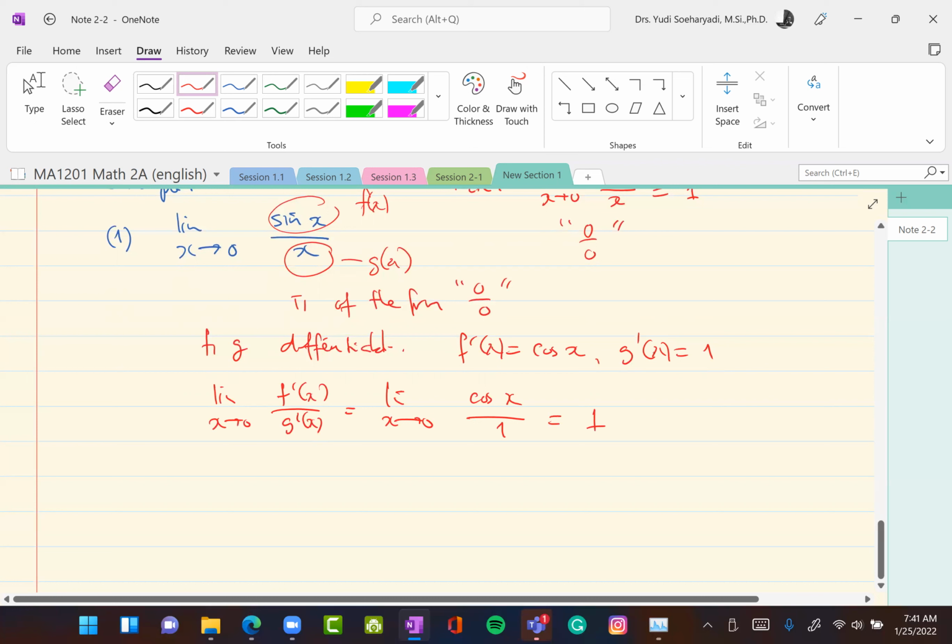And because this limit exists, then by L'Hopital's rule, this limit is 1.